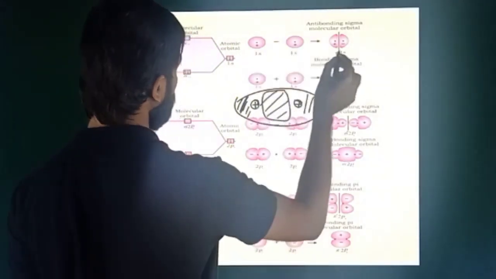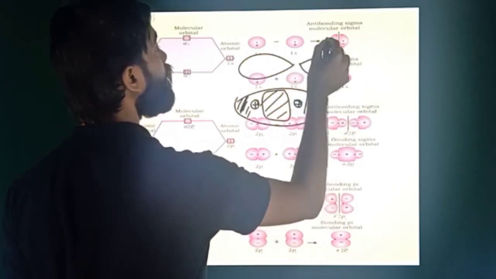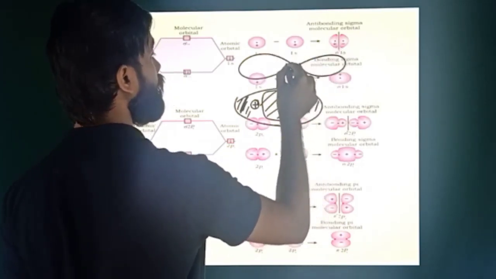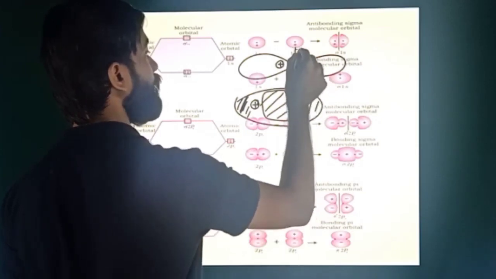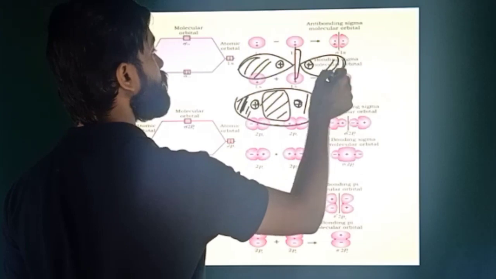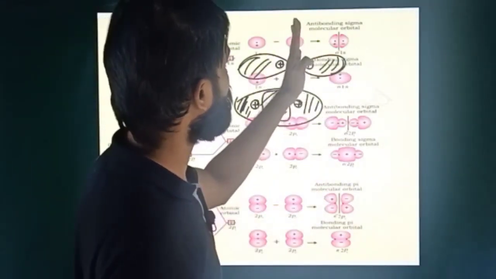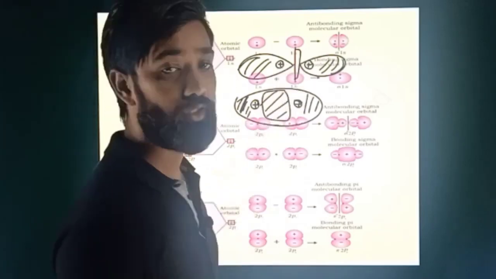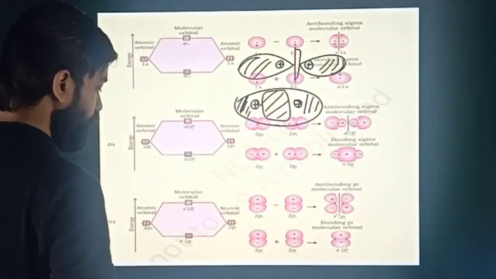But in case of sigma star 1s, the nuclei are like this, where here is a nodal plane, and electron density is situated away from the nuclei. Due to this nodal plane, a region where the probability of finding an electron is 0, there is greater internuclear repulsion between them. So in your NCERT textbook it is given like this.